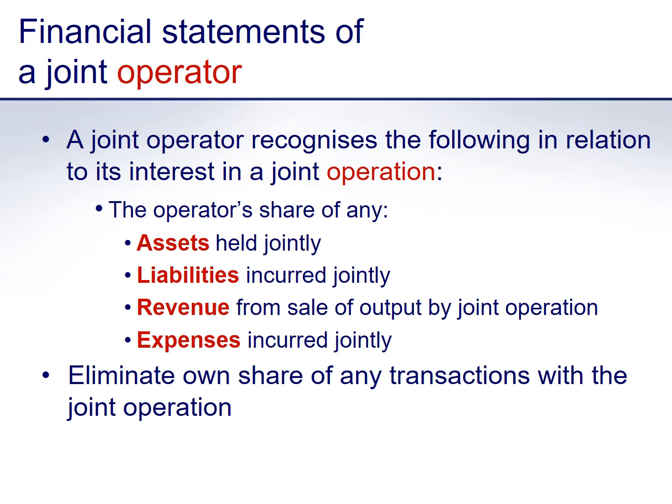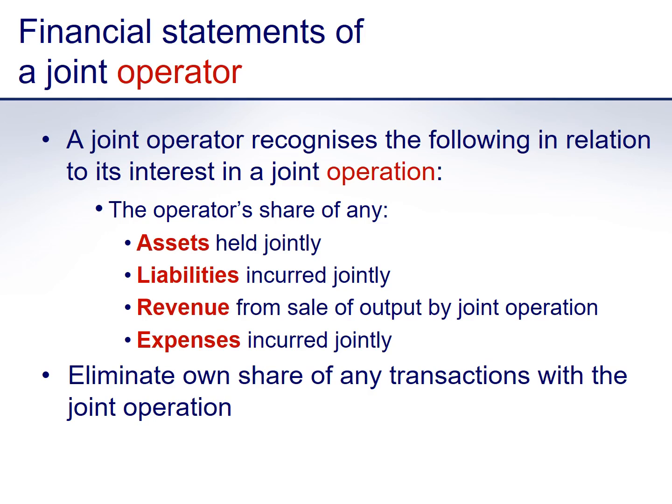A joint operator would recognize, in relation to the interest in the joint operation, the operator's share of any assets held jointly, the operator's share of any liabilities incurred jointly, the operator's share of any revenue, and any expenses incurred jointly. Any intercompany transactions, any transactions between the operator and the joint operation itself, would only be eliminated to the extent of the operator's own share of the transactions with the joint operation.